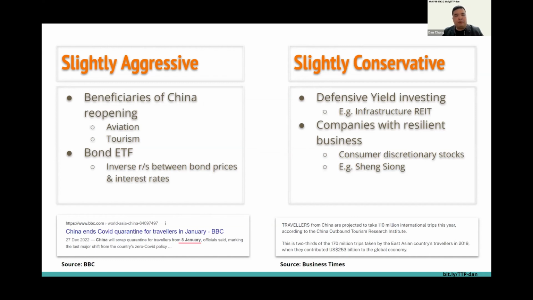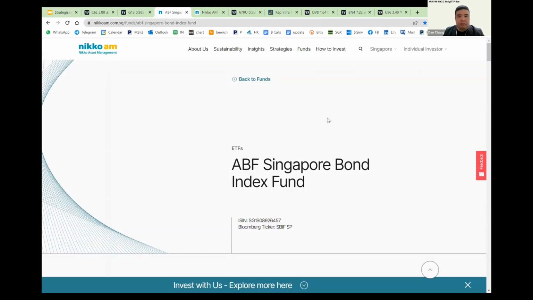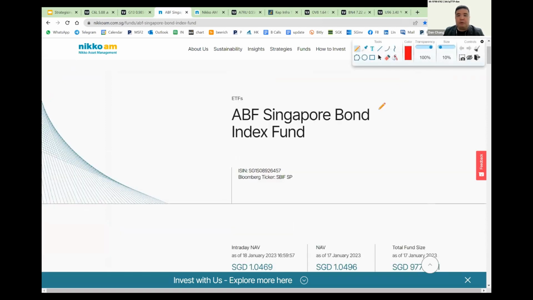In Singapore, on the SGX, I can just give you two examples of a bond ETF. The first one is the ABF Singapore Bond Index Fund.